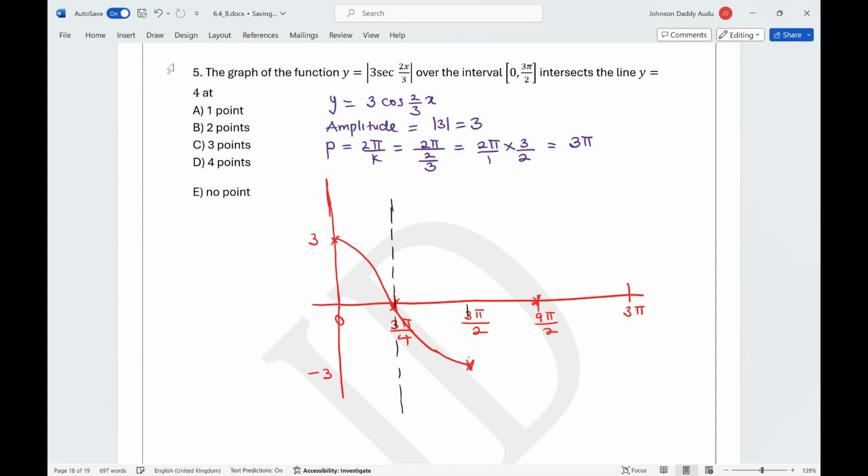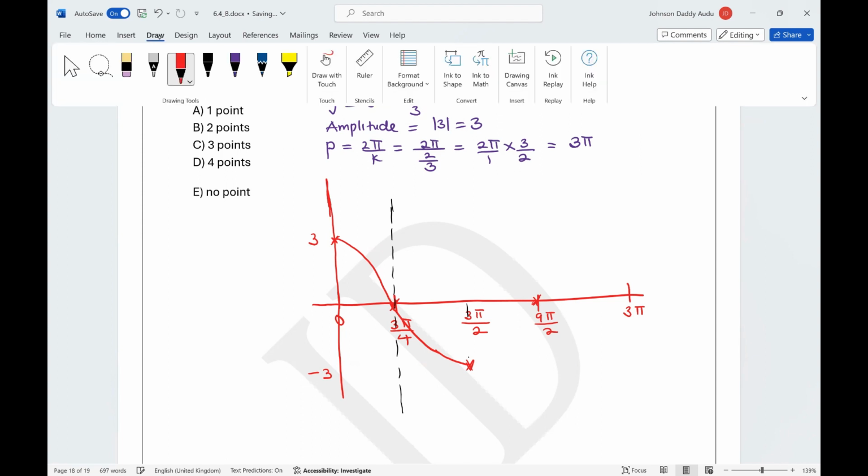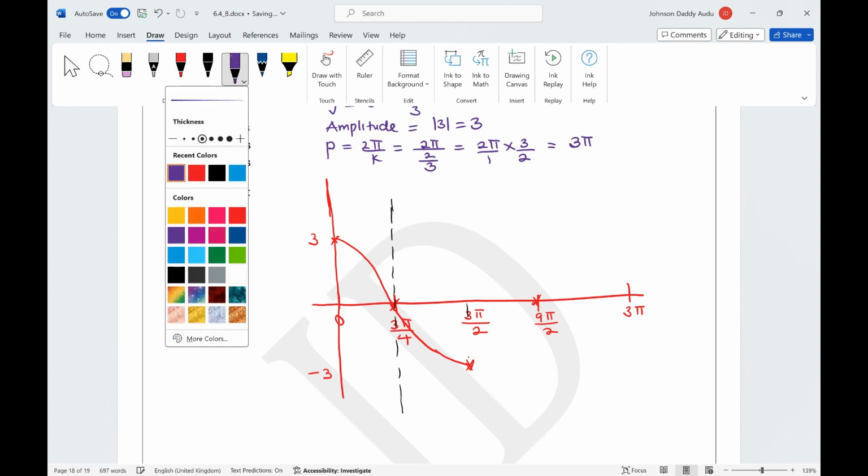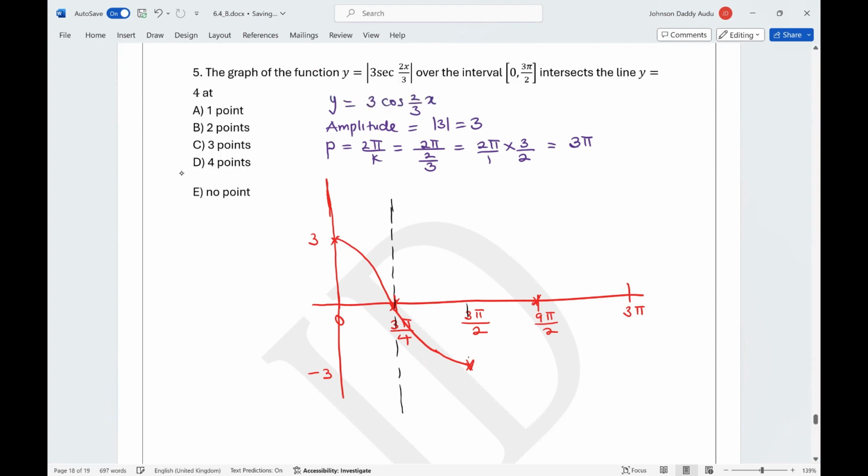Now, how will the graph look like? The graph of sec will look like this one, because this is the graph of cosine. So it will look something like this. All right.